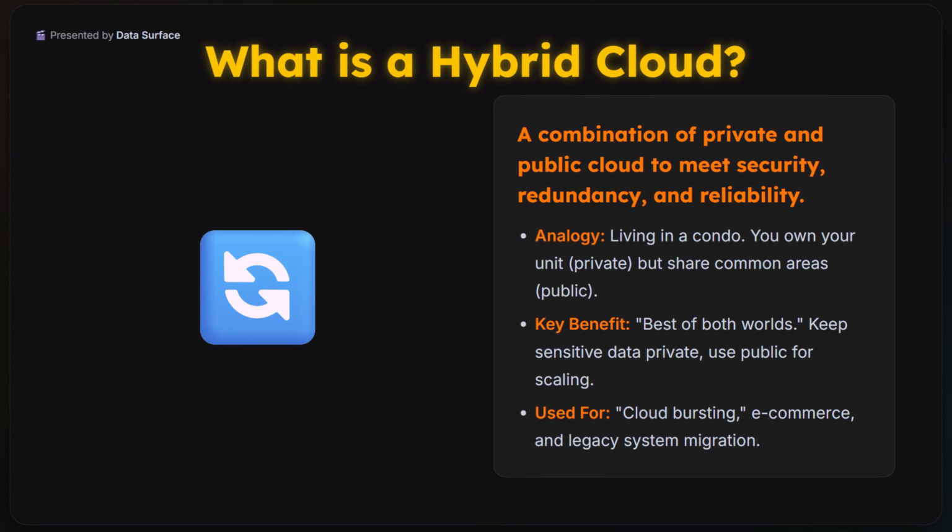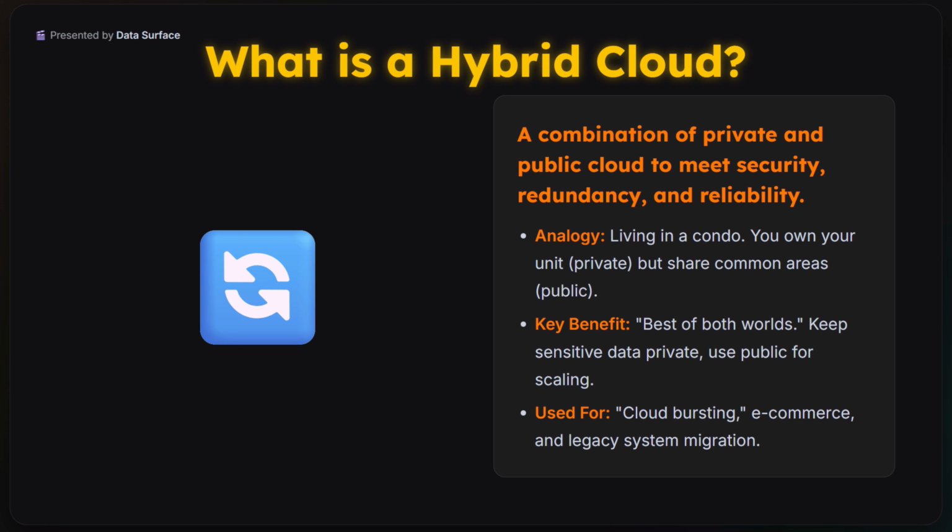Let's move to the next one, hybrid cloud. So this is where it gets really smart. What if you want both? You have got some sensitive data you need to keep safe in your house, but you also want the cheap, easy power of the apartment for busy days. You build a hybrid cloud, and the analogy here is like owning your own car, but also using the city bus as well.